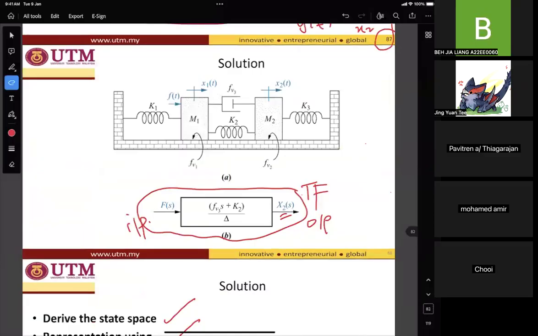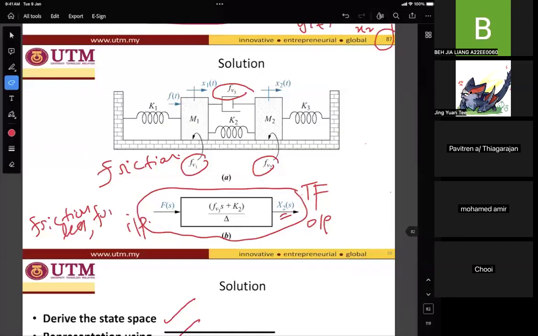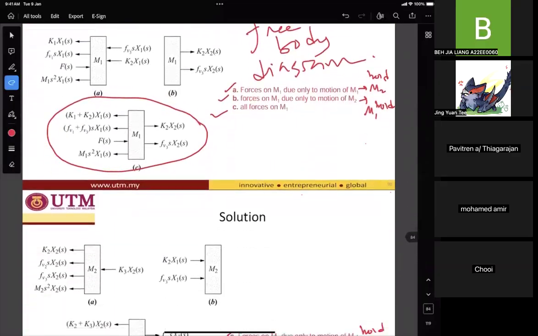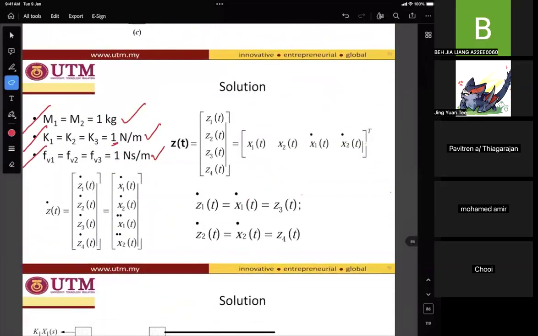One is in between M1 and M2, and friction. Friction. So if the question asks you to ignore the friction, or frictionless, you can assume that FV1, FV2 equal to 0. Okay. But in this case, friction is taken into account in the build-up of the model.